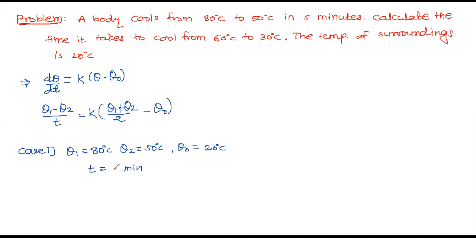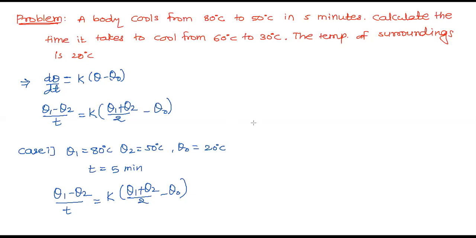So let's use this formula now for case 1. Theta 1 minus theta 2 divided by t is equal to k into theta 1 plus theta 2 by 2 minus theta naught.